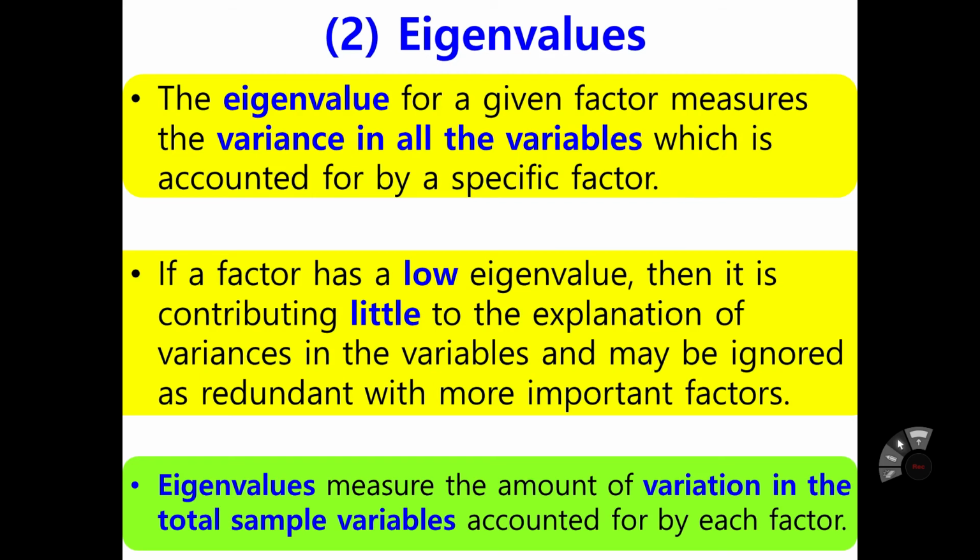Now, number 2, eigenvalues. The eigenvalue for a given factor measures the variance in all the variables which is accounted for by a specific factor. If a factor has a low eigenvalue, then it is contributing little to the explanation of variances in the variables and may be ignored as redundant with more important factors.